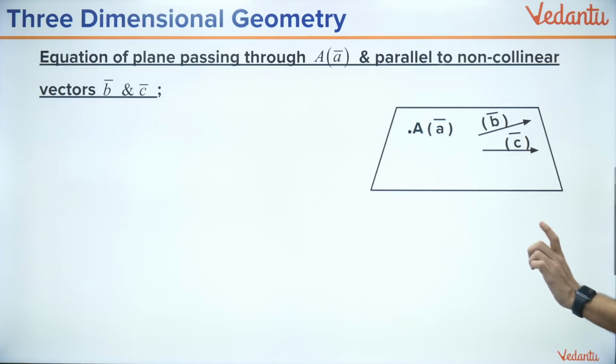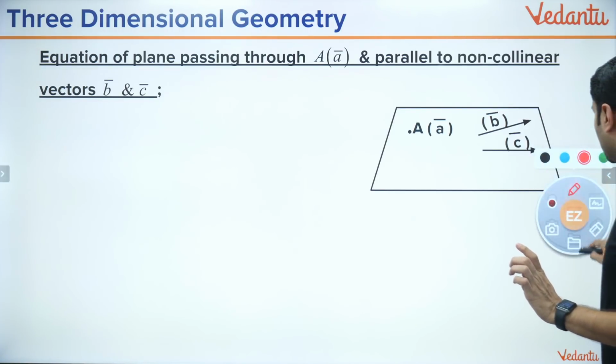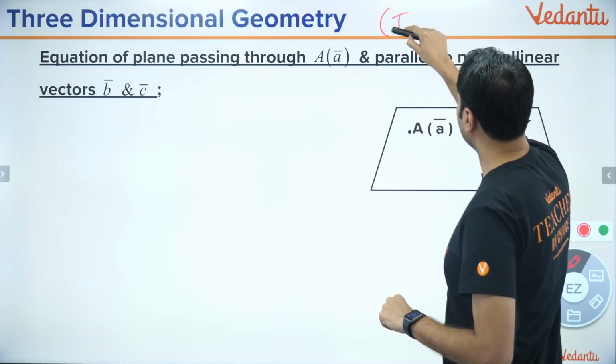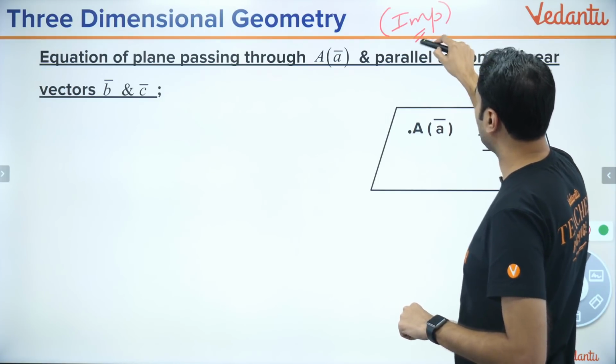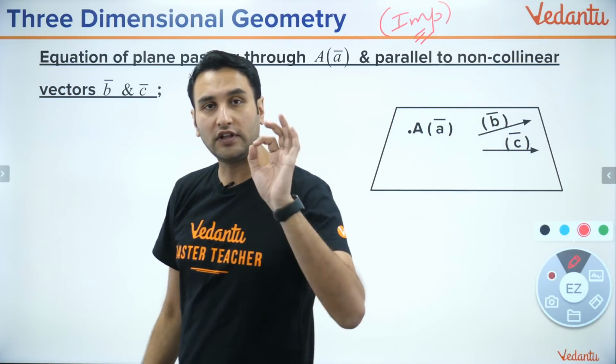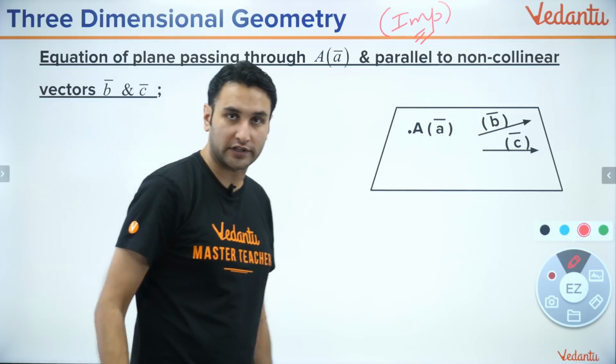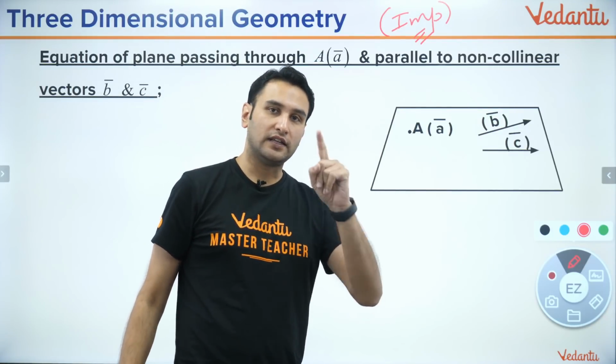Now this is very important, children. Now please note down. This is important. This entire portion that I am going to talk about is important. Okay? I will use the concept of box product. Before I start this, let us revise.